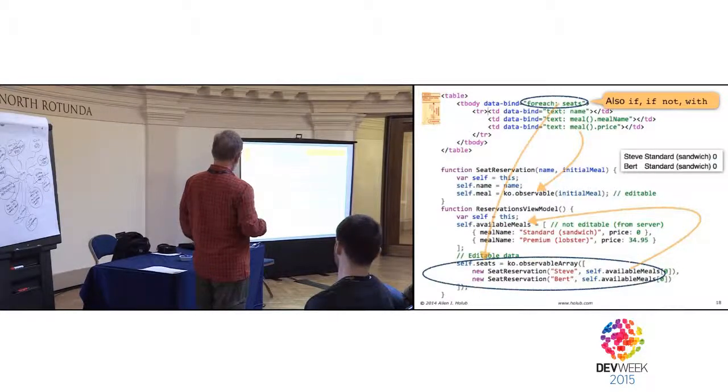So here I have a foreach binding that's associated with a table body. What this is going to do is duplicate the contents of the tbody for every seat in this array. Here's the array indicator, here's the brackets.